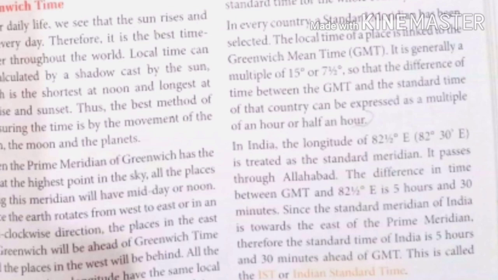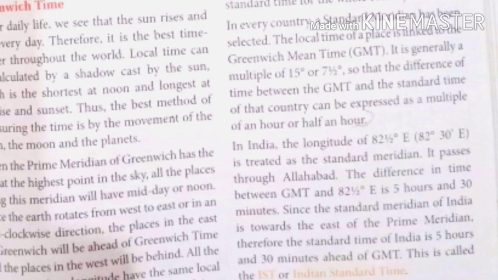Because you must know that Greenwich is taken as the prime meridian and the prime meridian passes through Greenwich. So GMT, Greenwich mean time, is linked with the local time of a place to find out the standard time. It is generally a multiple of 15 degrees or 7.5 degrees. 15 degrees means rotation of the earth.